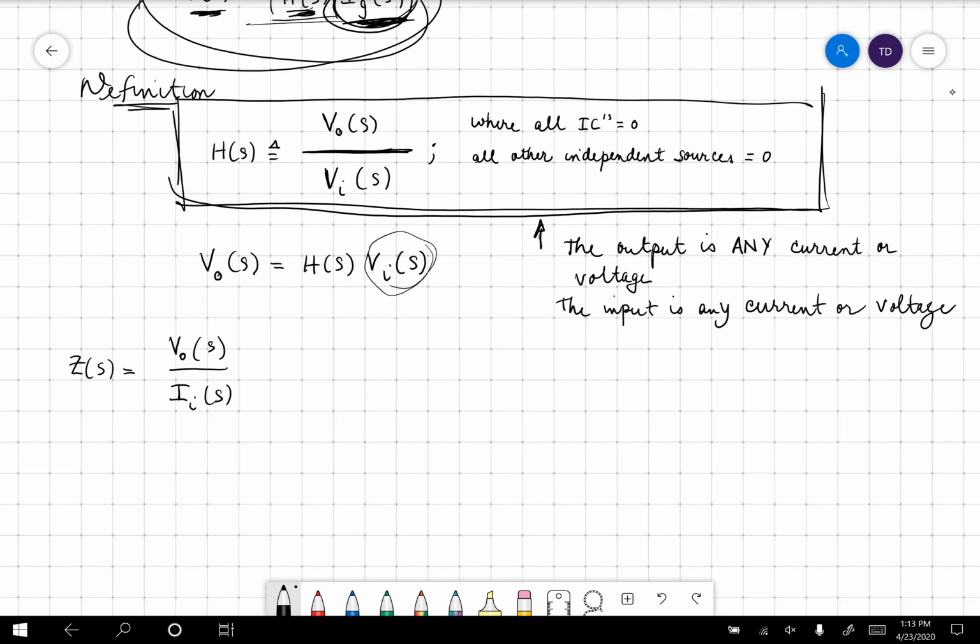I want you to recognize that system functions have units. In this case here, I've shown a voltage divided by a voltage. I know you all know that that is dimensionless. A current divided by a current is dimensionless. A voltage divided by a current has what units? Ohms. Thank you. Good job, Jack.